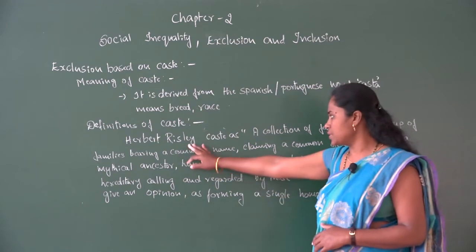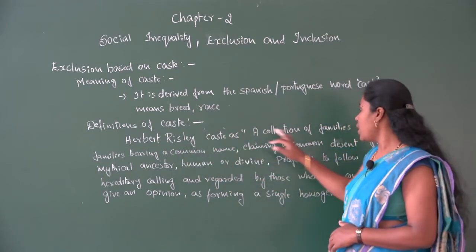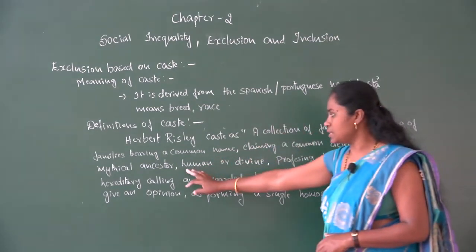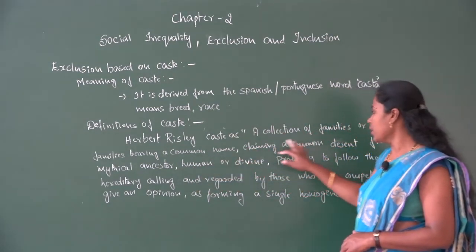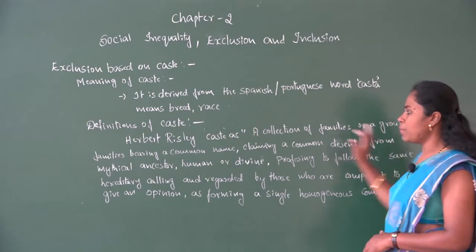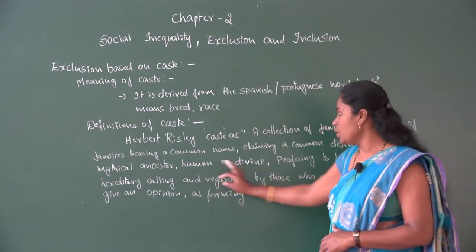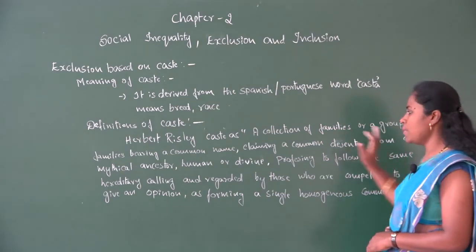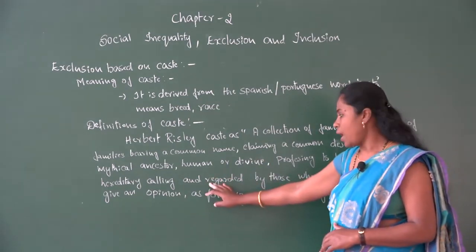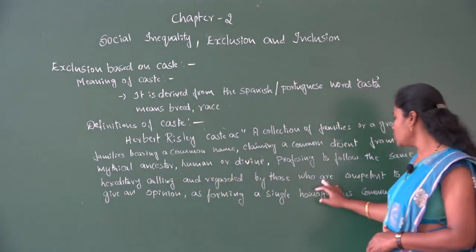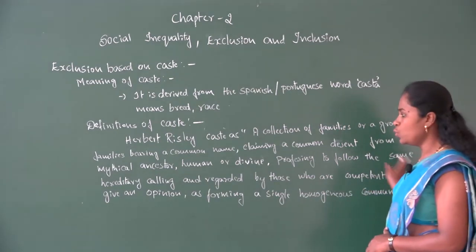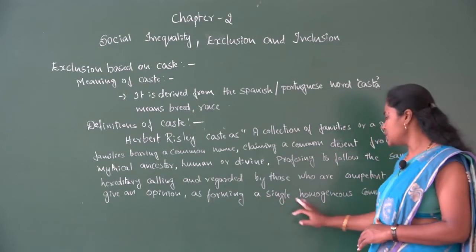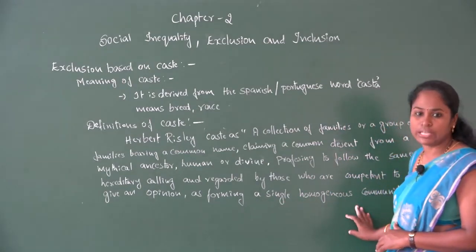According to Herbert Risley, caste means a collection of families or a group of families bearing a common name, claiming a common descent from a mythical ancestor, human or divine, professing to follow the same hereditary calling and regarded by those who are competent to give an opinion as forming a single homogeneous community.